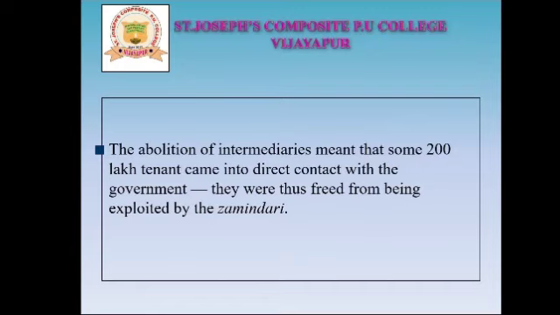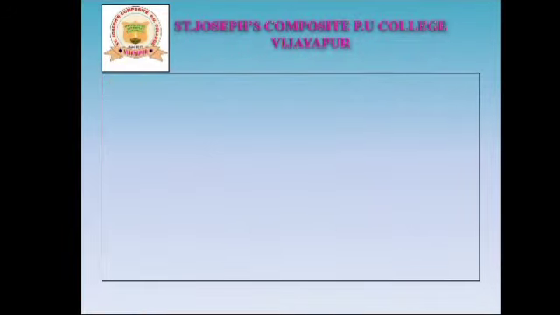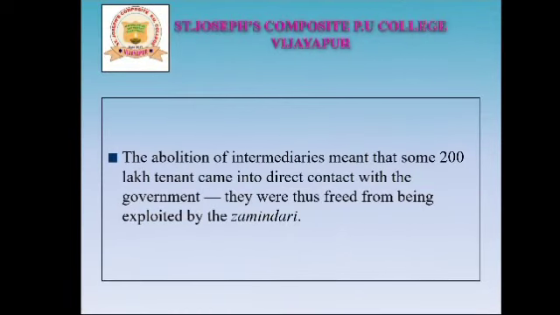So through these land reforms, under the abolition of the zamindari system, some 200 lakh farmers or tenants came into direct contact with the government and were freed from exploitation by the zamindari. So these are the land reforms that took place from 1950 to 1990 in the agriculture sector.